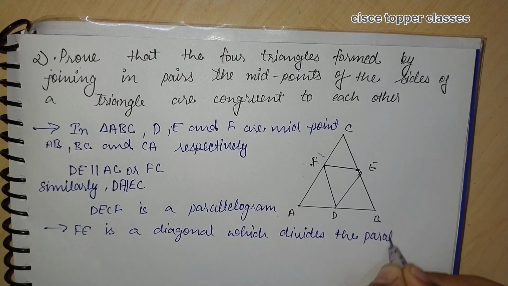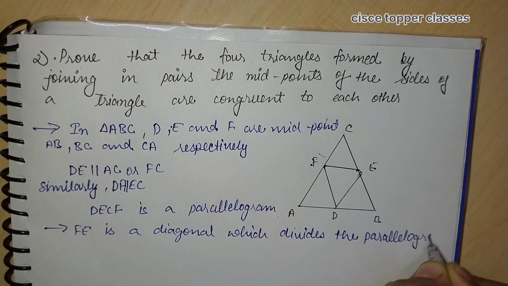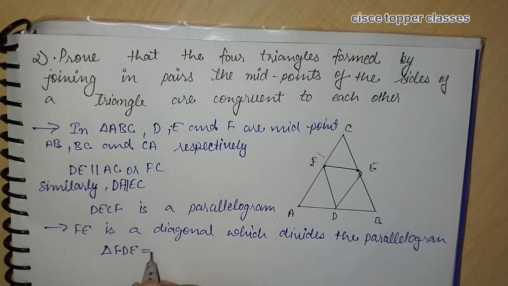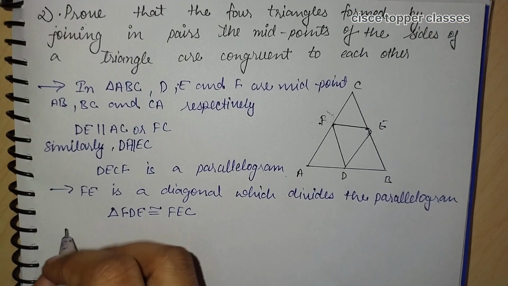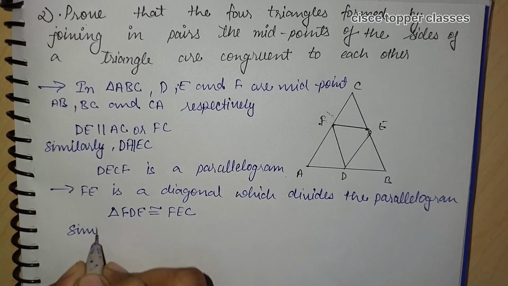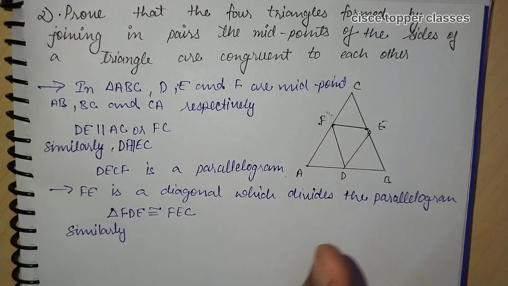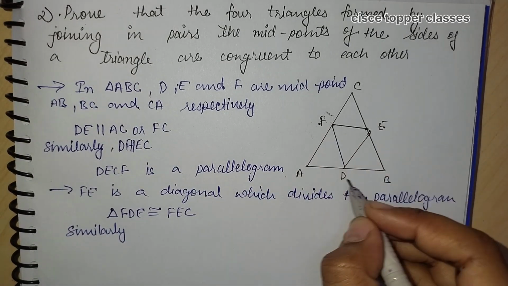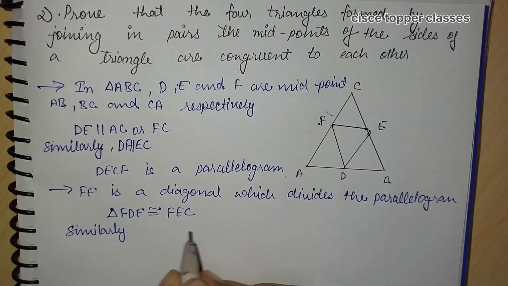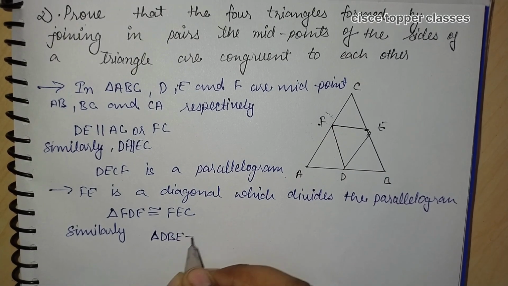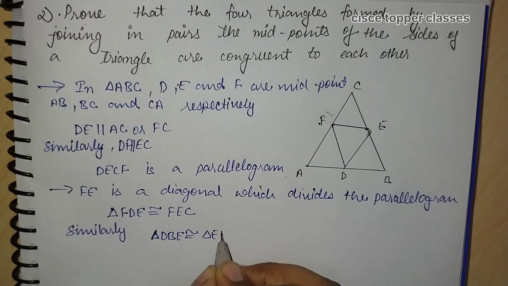which are triangle FDE congruent to triangle FEC. Similarly, we can prove this in the parallelogram ADEF and the parallelogram FDBE. Here also we will get triangle DBE congruent to triangle DEF.